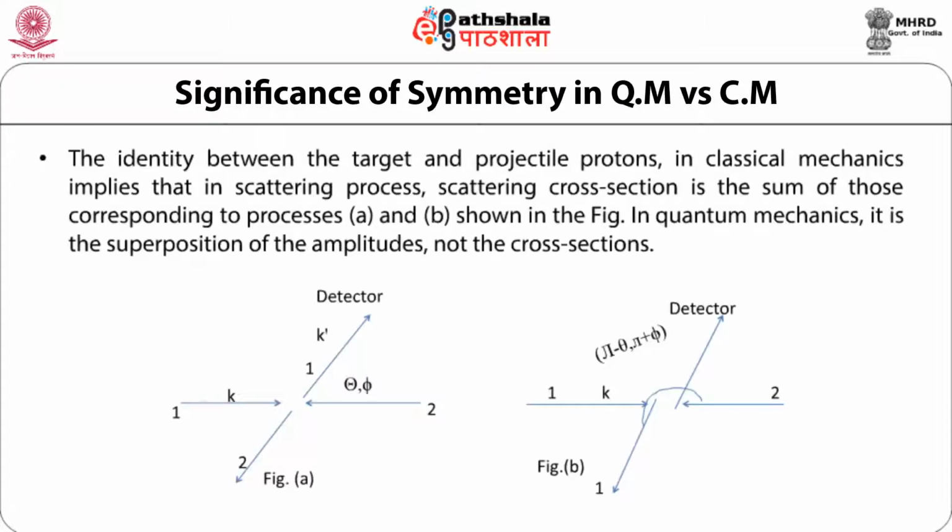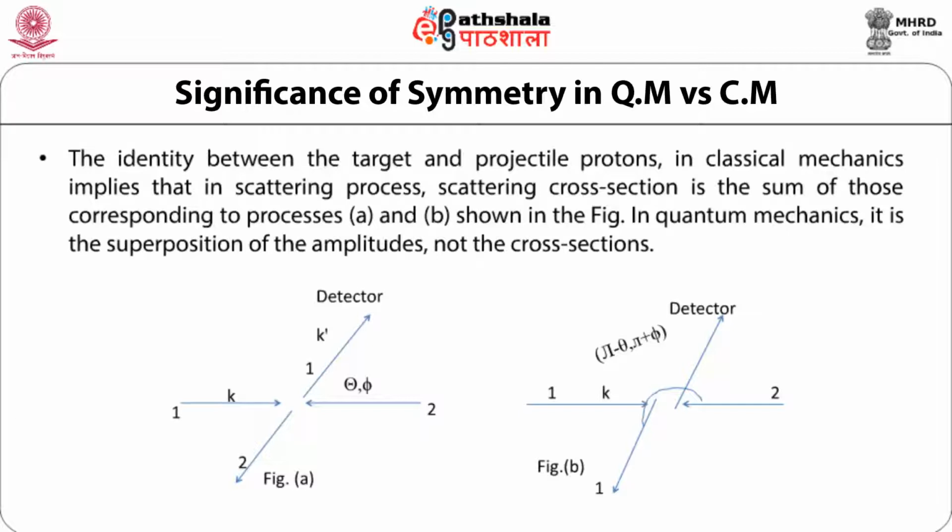The identity between the target and the projectile protons in classical mechanics implies that if we have a target which is struck by a projectile and both the target and the projectile are protons, then in the scattering process that ensues, the scattering cross-section is the sum of those corresponding to the process shown in the figure, where the first proton, denoted by the wave vector k, after scattering has the wave vector k prime, while the second proton also gets scattered.